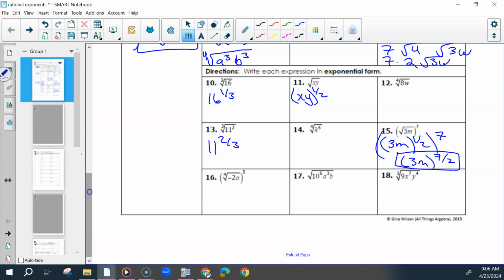Do one more of these and then any others you guys want to do from both sections. Do we have any questions on these ones we've done so far?